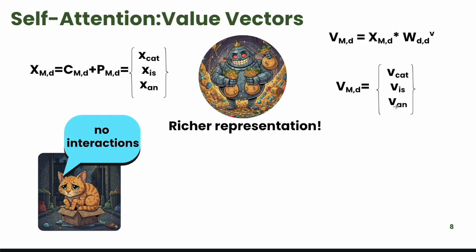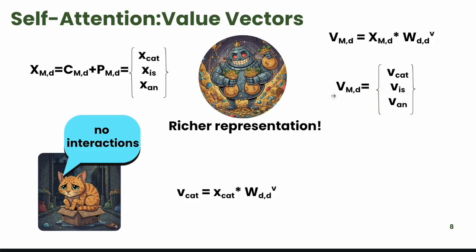When you don't have any interaction between the different words, you cannot capture the essence of the language. If you look at the expression that I have for V cat, it's also quite clear that we don't have any interaction between different words. To compute V cat, all we did was multiply the input for cat, which is x cat, by the matrix W, and while doing this operation, we have no interaction whatsoever with x is and x an. So this interaction is missing, and this is what we will introduce next.